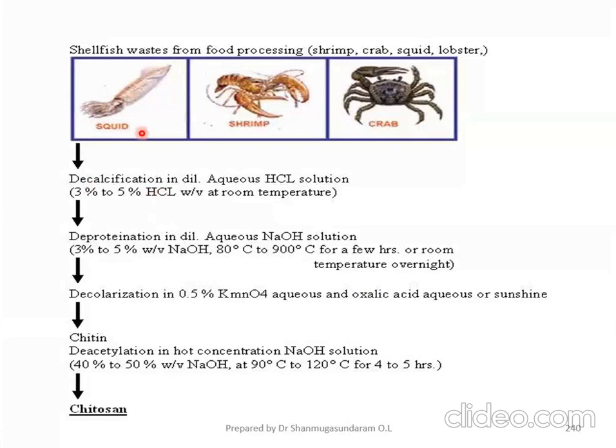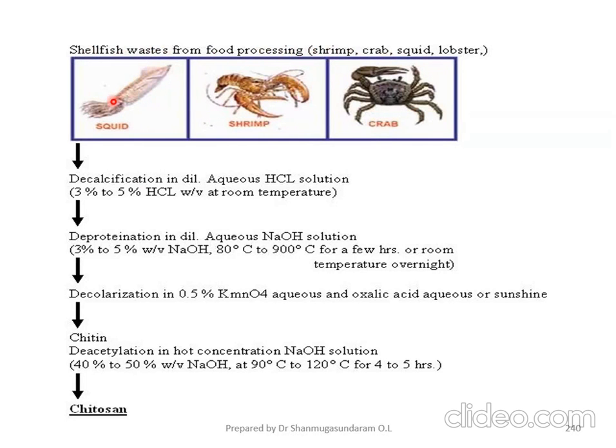So you are removing the minerals or the impurities present in the shellfish waste that has been collected from the food processing industry. So you are making the polymer out of the waste, shellfish waste from food processing industries like your shrimp, crab, squid and all.